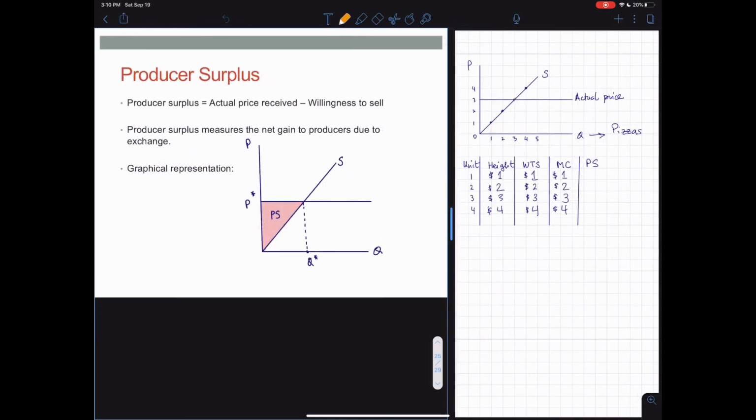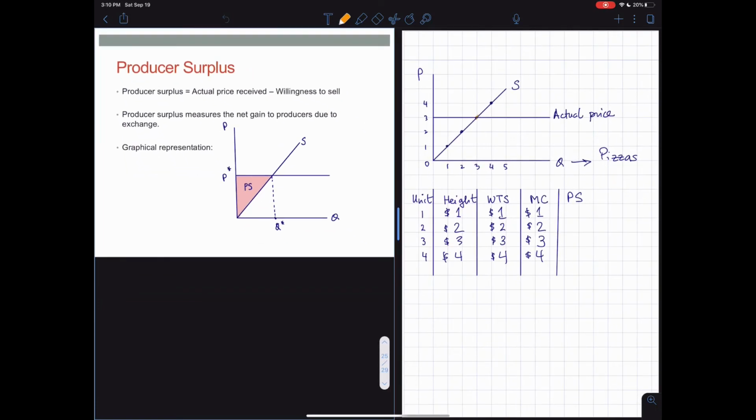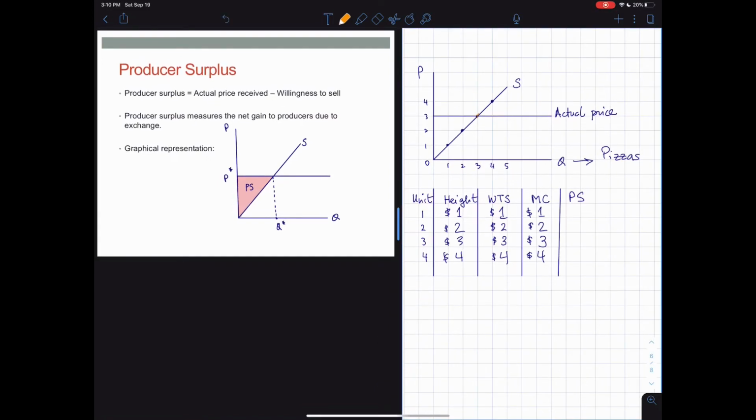Suppose the price of a pizza is $3. We can define something called the producer surplus as the difference between the actual price and the willingness to sell. So for example, for the first unit of pizza, my willingness to sell is $1, and I'm going to get a price of $3.